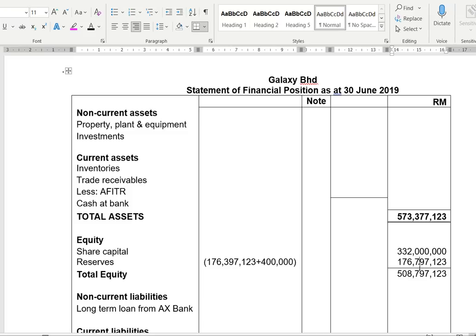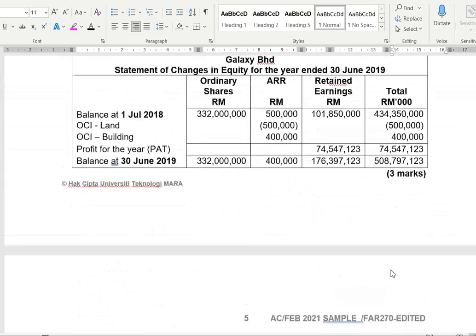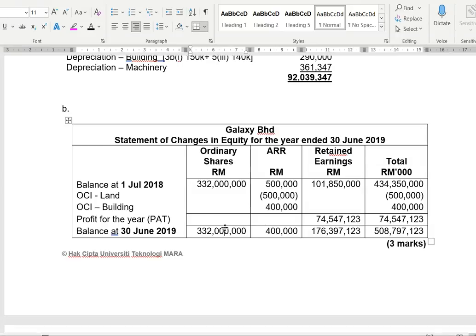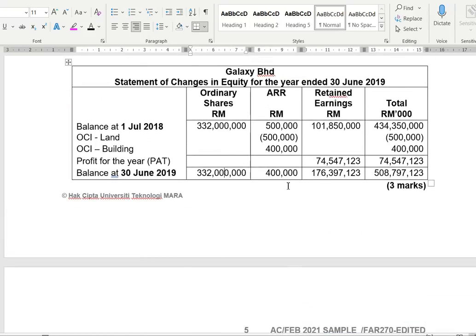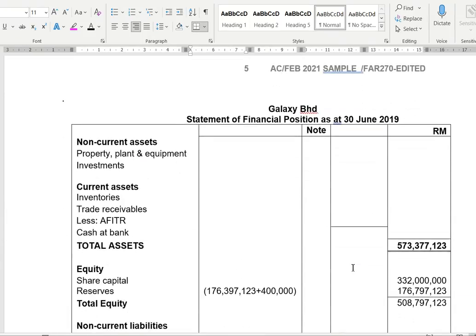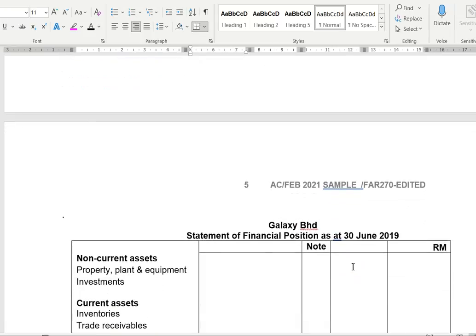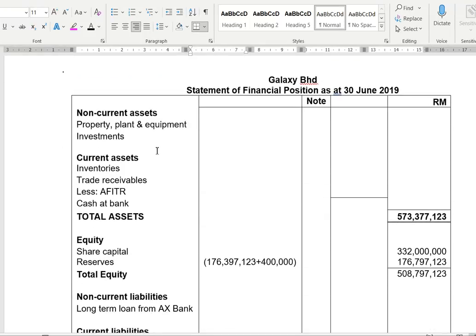This is the amount. 332 is the share capital, ordinary share capital. Right. The retained earnings and reserve will give you the figure 176,797.